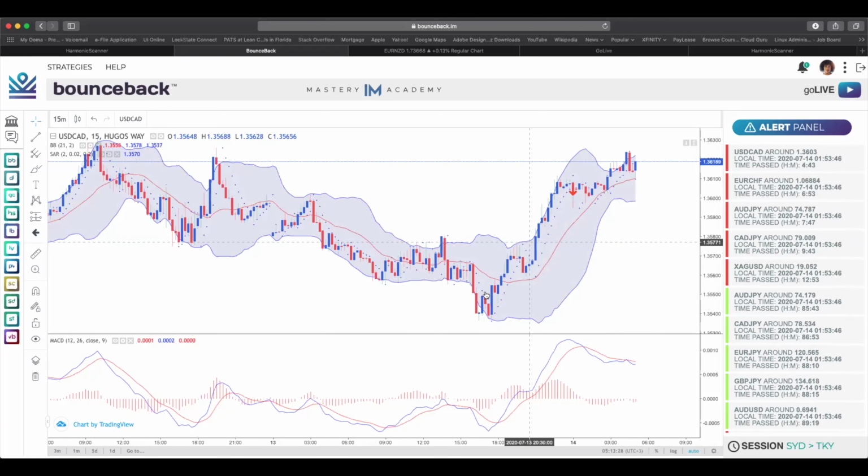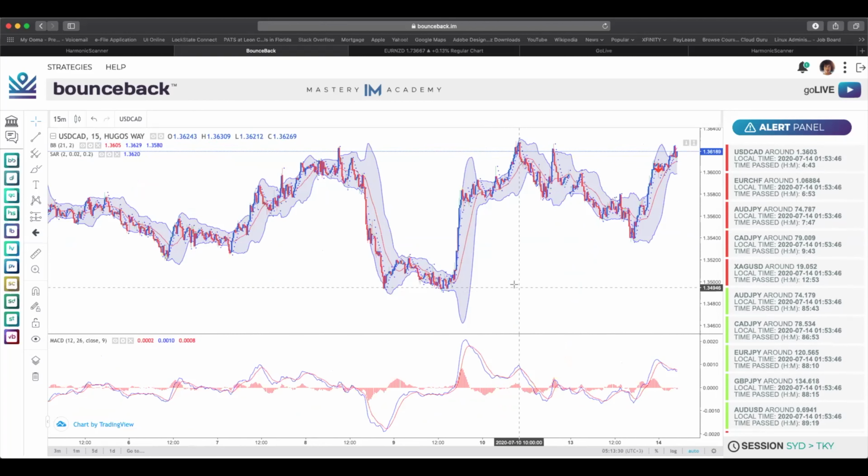That's about it. So the good thing about Bounce Back is this part of Bounce Back is an expert advisor, meaning this is a computer algorithm calling these trades. So this is not a person, it's a computer algorithm. So basically when the algorithm's conditions, whatever they program it with, are met, it spits out a trade.